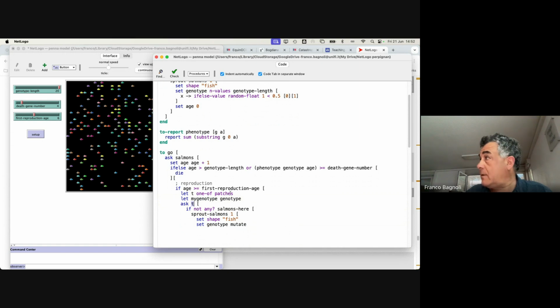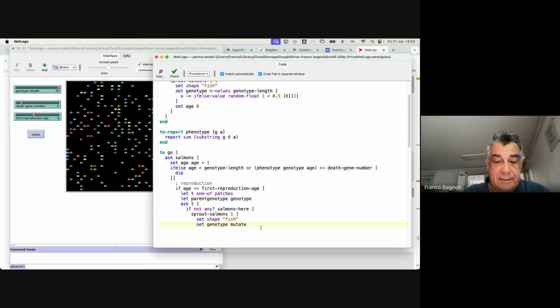But it's the parental genotype, so let's call it parent genotype, because this is the salmon. Instead of putting some strange things like genotype of myself, which is not very clear for me.